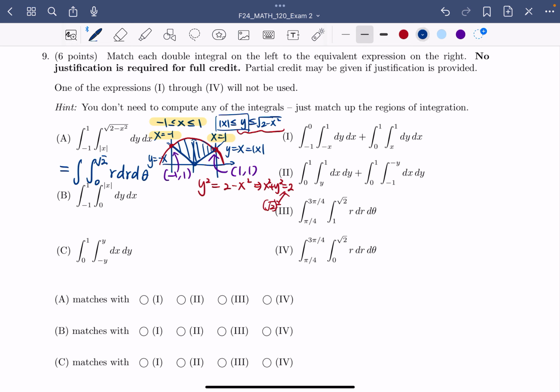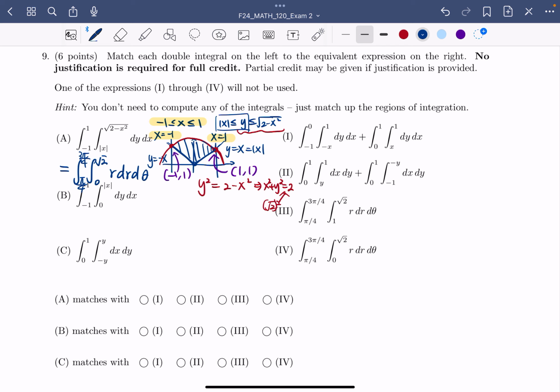And the bounds for theta is from here to right here. So from pi over 4 to 3 pi over 4.